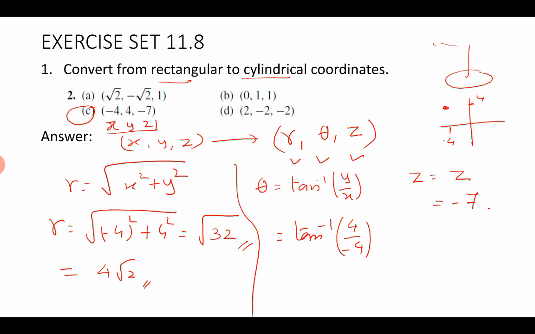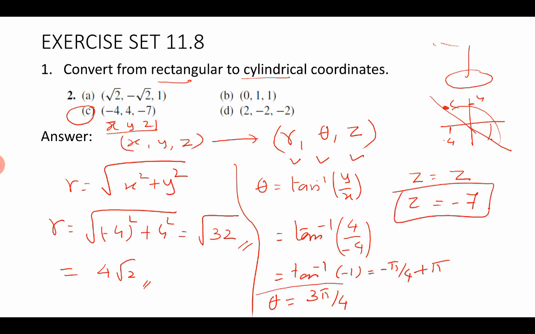Your point is in the second quadrant, but using the calculator, tan inverse of negative 1 is negative pi over 4. The angle is in the fourth quadrant, but that's not the true one, isn't it? So you have to turn back 180 degrees, add pi. So the angle theta is 3 pi over 4.